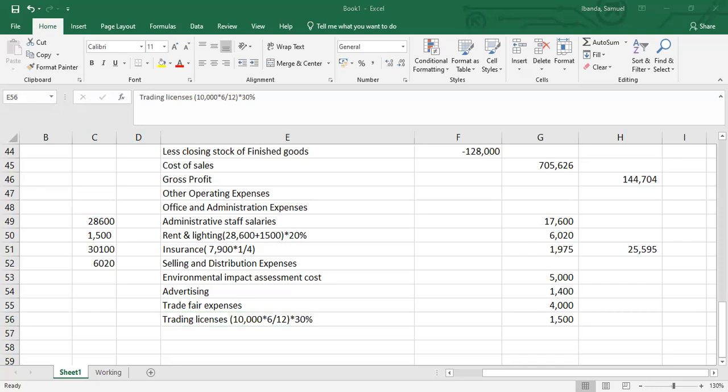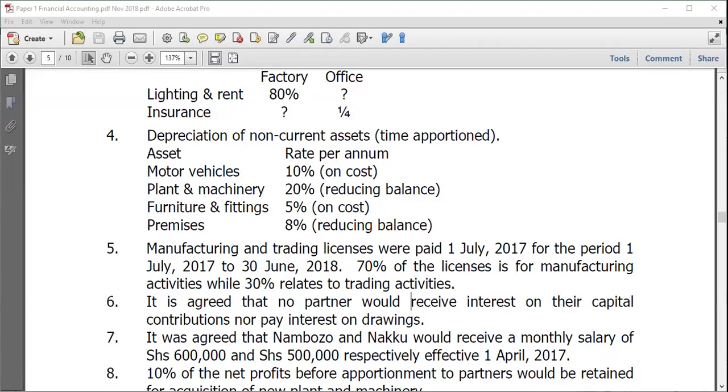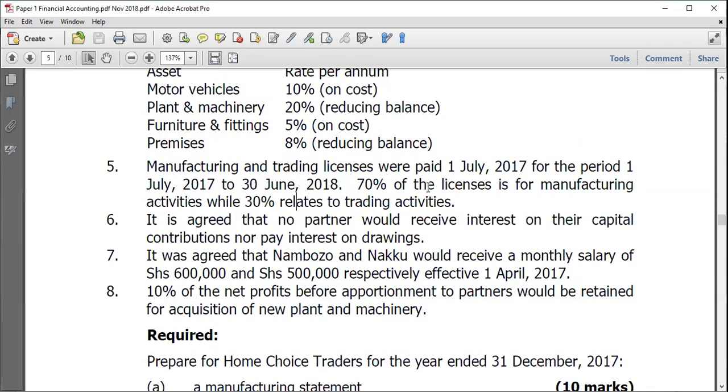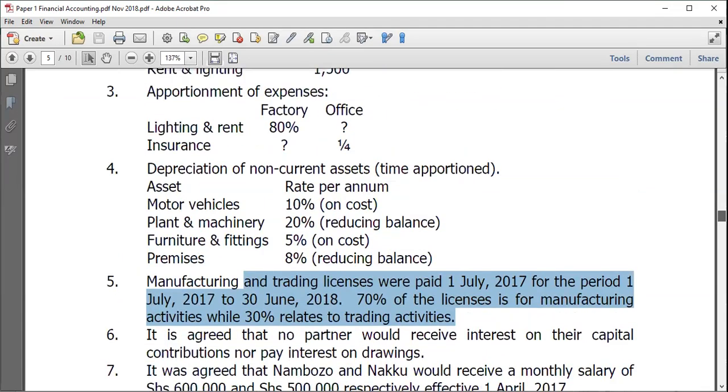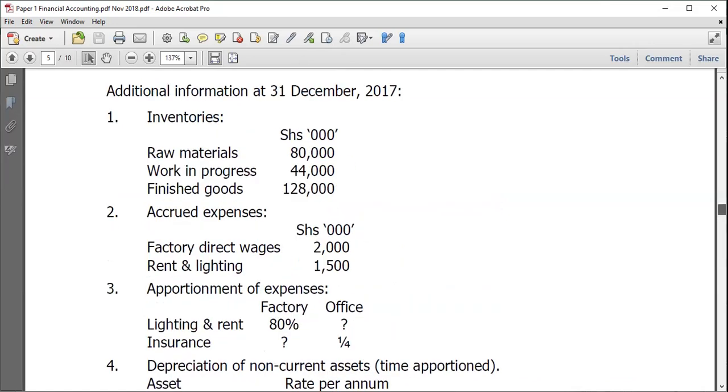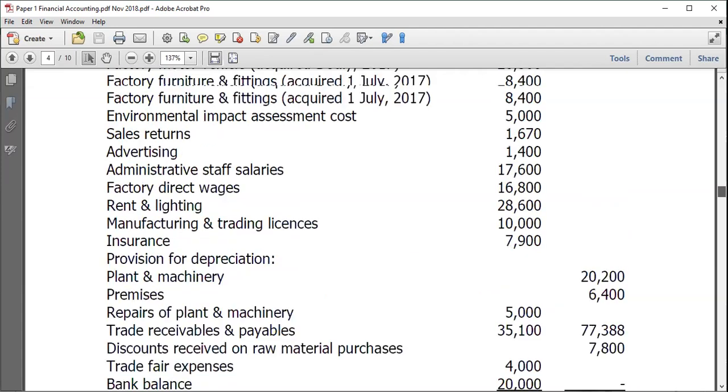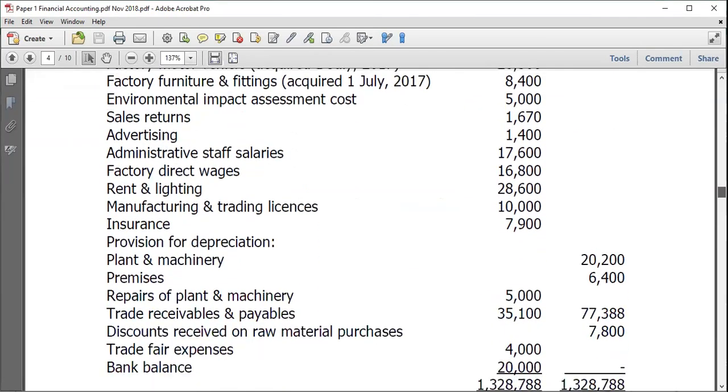So I'll come back here and see what else do I have that I might have left out. Okay, at least I've been able to include all these. Since the selling and administration is the last expense, at least I need to be able to include all expenses that I might have left out. At least I have. Okay. So I'm trying to make the assumption that I have included everything.